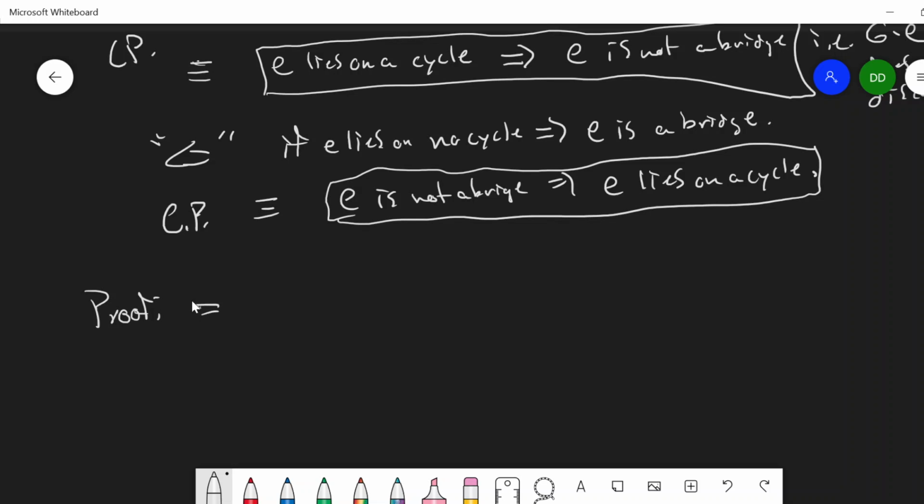I'm actually going to do the backwards direction first because that's what the book does. First, we can assume that G is connected. Otherwise, we would just look at a connected component and consider that as our graph.